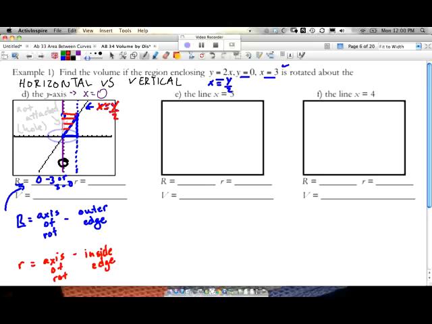So here we're spinning around and we got this axis of rotation, which is really 0. And that inside edge is now a function. It's this slanted line here, which in this case is in terms of x. So it's going to be y over 2. That's where I had to use this.